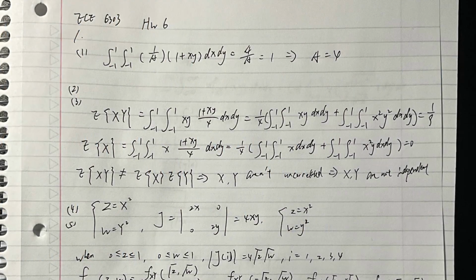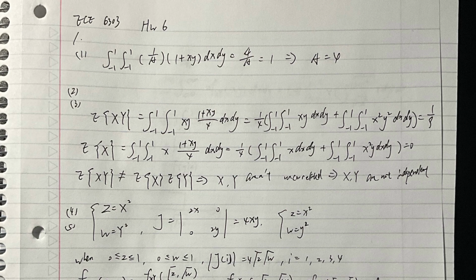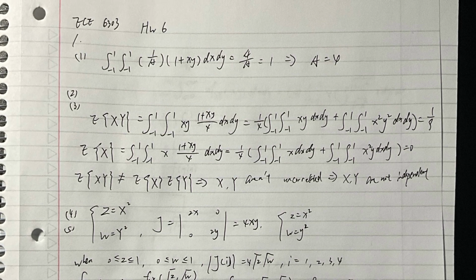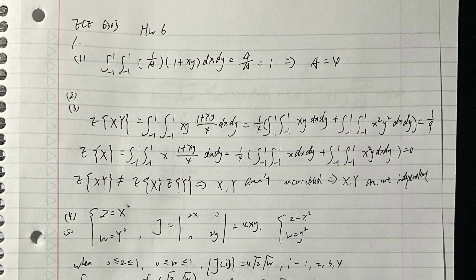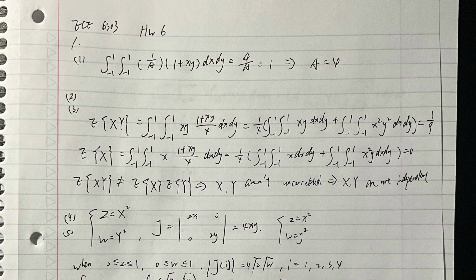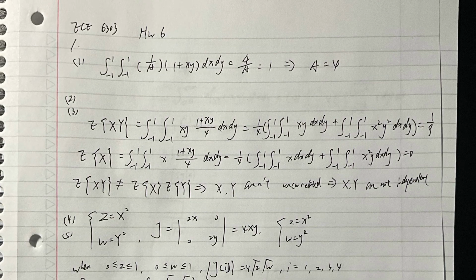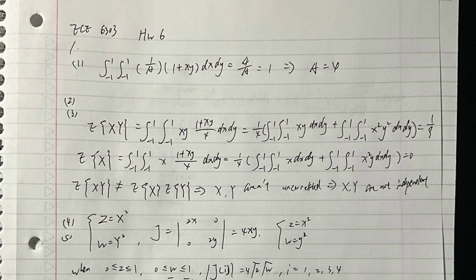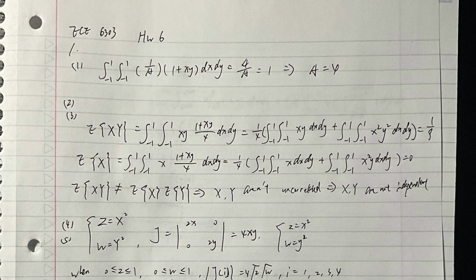For question 1, we can integrate from -1 to 1, integral -1 to 1, of 1 over capital A multiplied by 1 plus xy, dx dy, which gives 4 over A equal to 1, so we can get capital A equals 4.